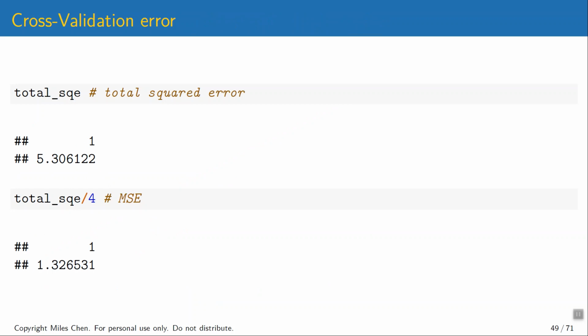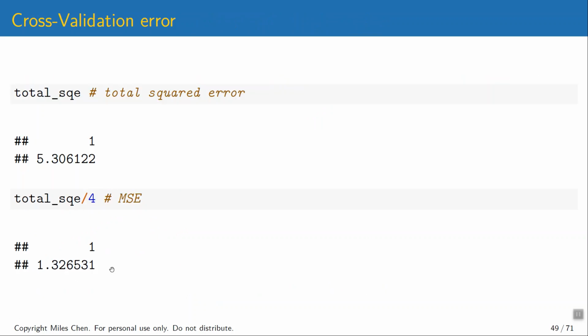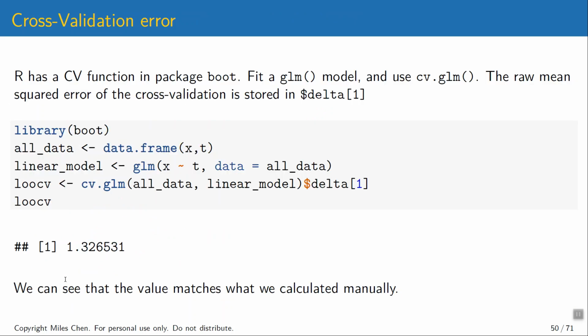All right. And so we did it manually, and we found the mean squared error this way, and we got 1.326. In library boot, R has a function called cv.glm, okay, cross-validation for generalized linear model. So, GLM is basically the same as an LM, but you can also fit logistic regressions and stuff like that.